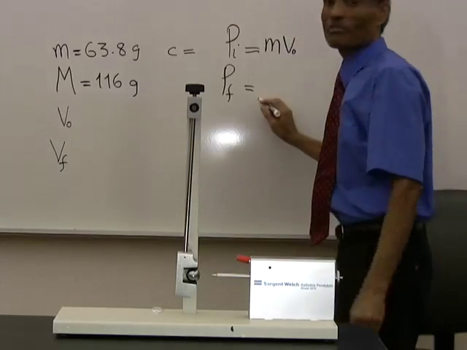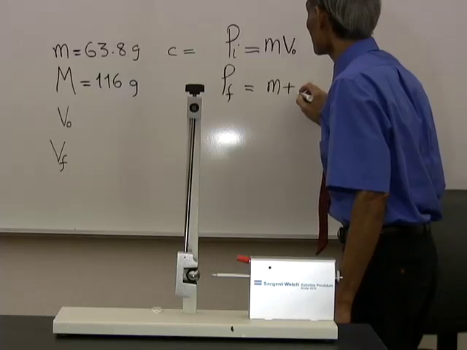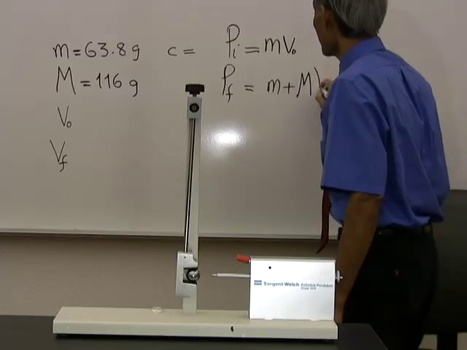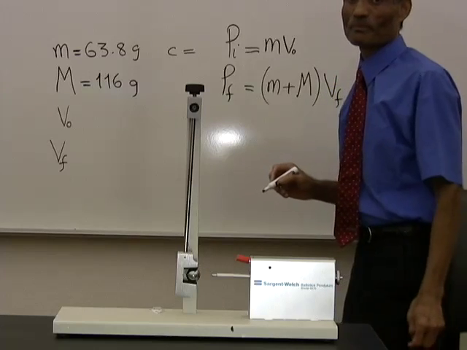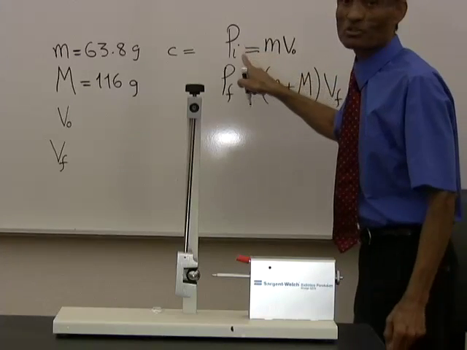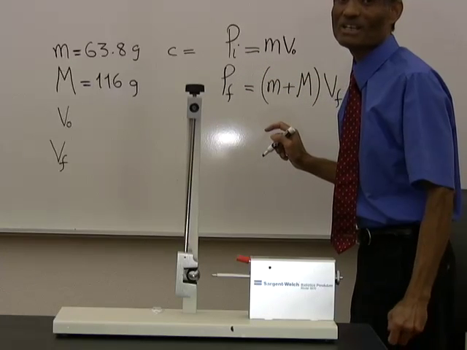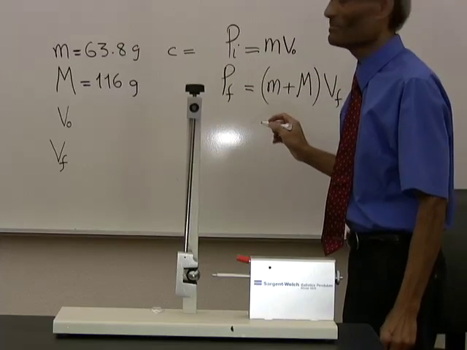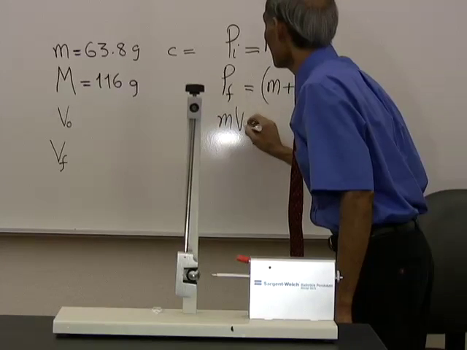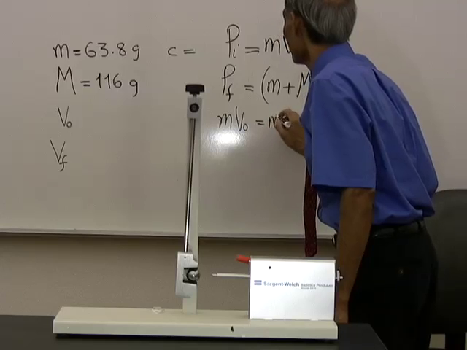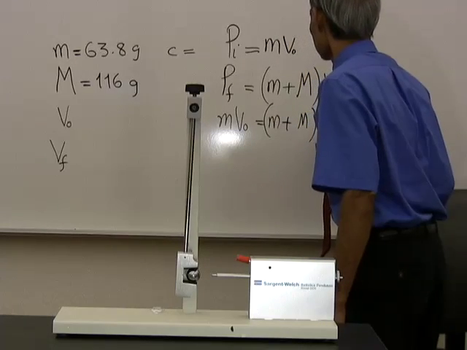Therefore, Pf, the final momentum, is the total mass, small m plus big M, times Vf. Now, according to the conservation of momentum, the initial momentum must be equal to the final momentum, and that gives us one equation: m v0 equals (m plus M) Vf.